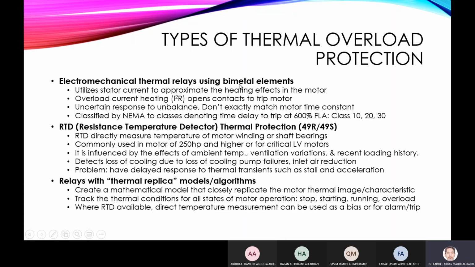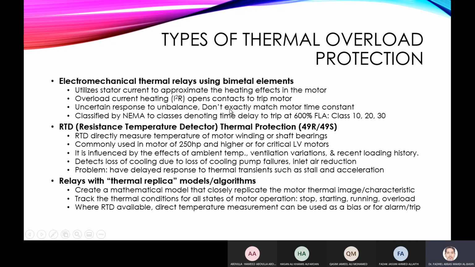Due to the current passing, it will produce I squared R heat that will bend the bimetal and trip the motor. The problem with this is it is uncertain. Ambient temperature can affect its operation. The characteristic of this bimetal does not exactly match the motor thermal limits.